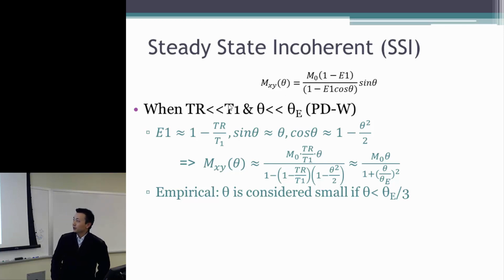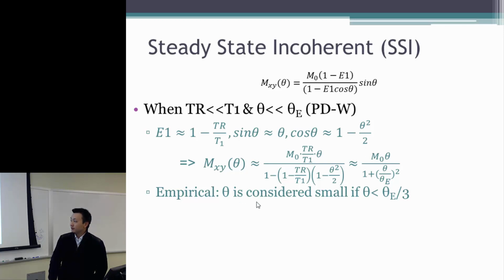Okay, so if we have a very short TR and very small flip angles, then we can see that the signal intensity is approximately proportional to the proton density weighting and the flip angle itself.